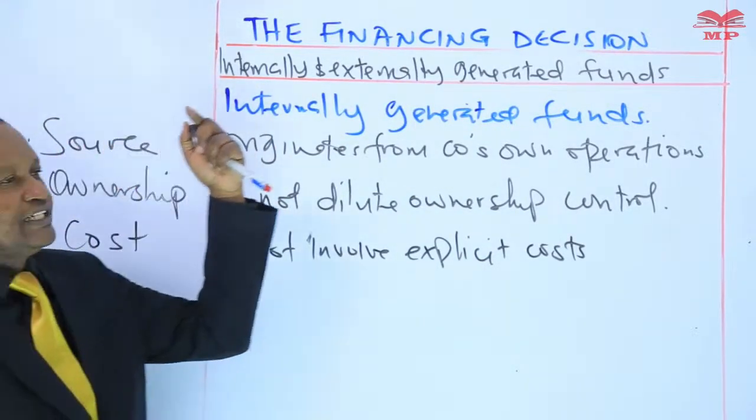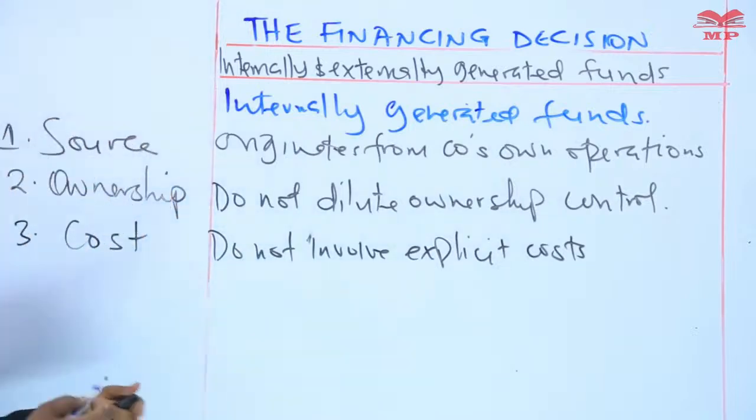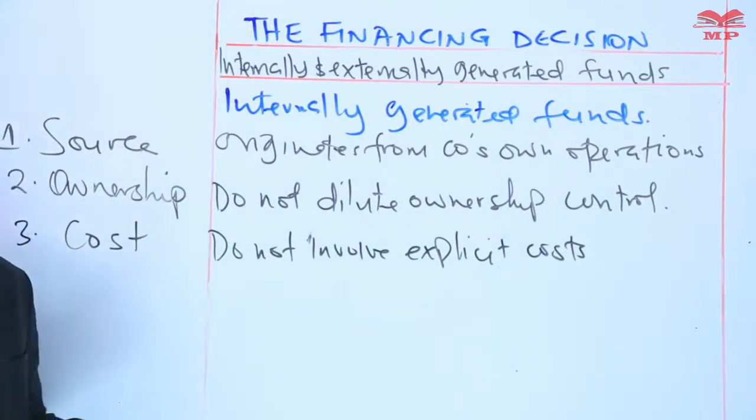But externally generated funds involve explicit costs like interest, dividends, and so on. That is the cost structure.